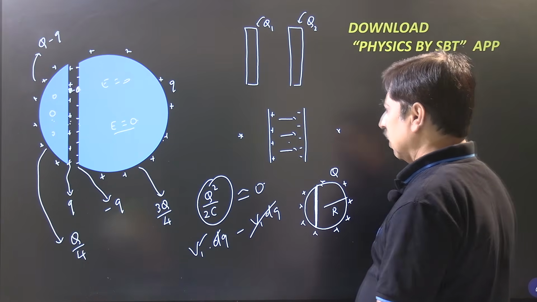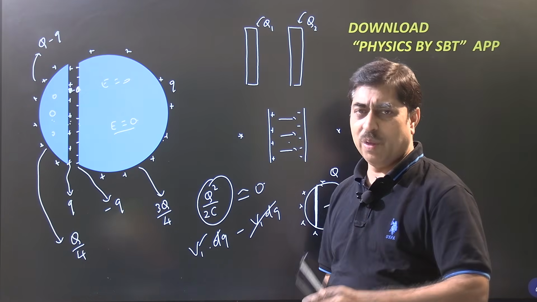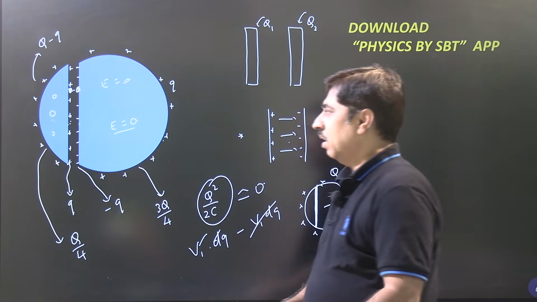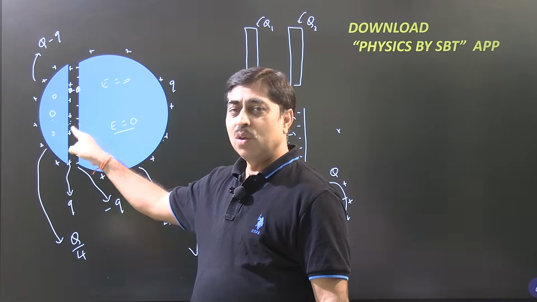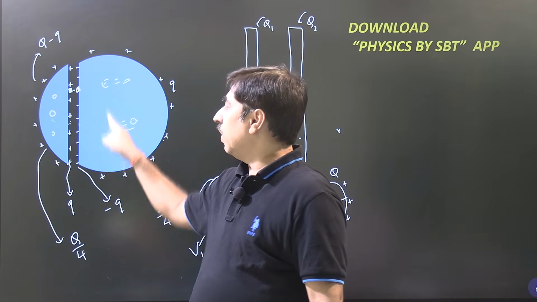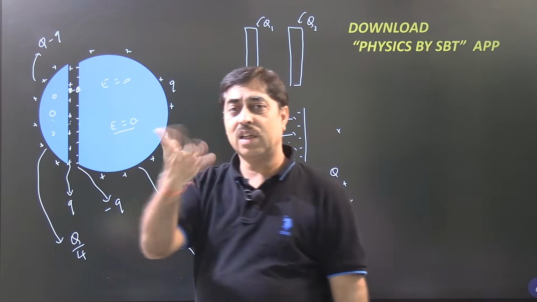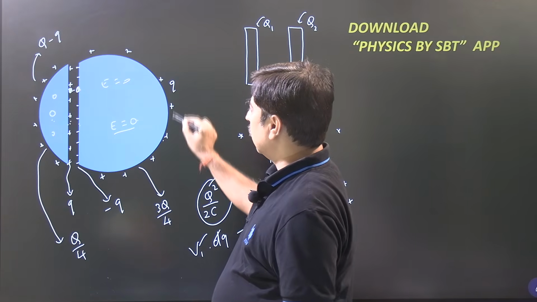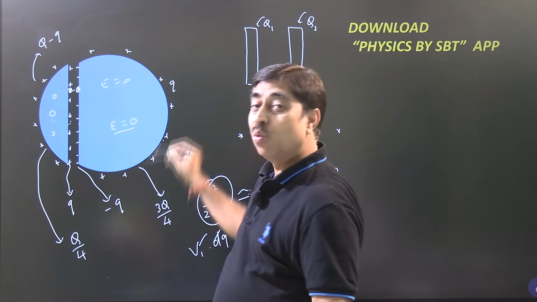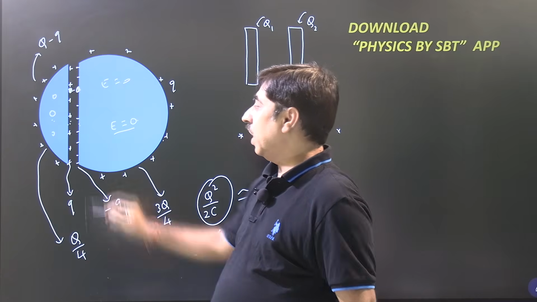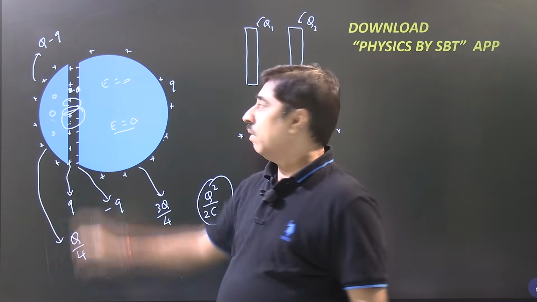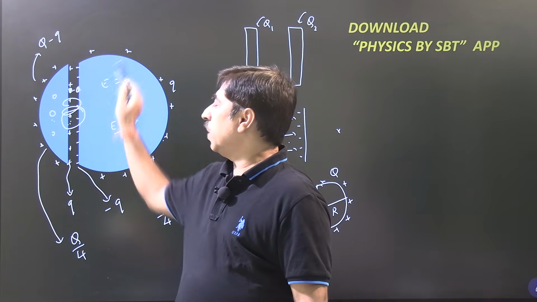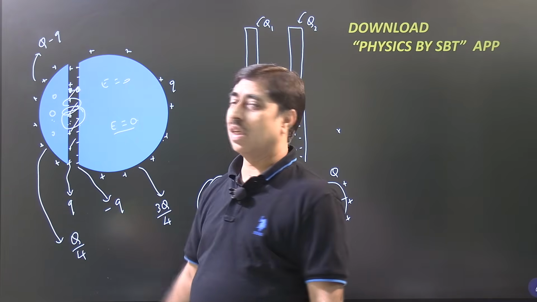If you are not convinced with this logic, again let me put it like this: these two charges do not produce any electric field here, nothing. So, the charges on the surface do not experience any electric force due to these charges.